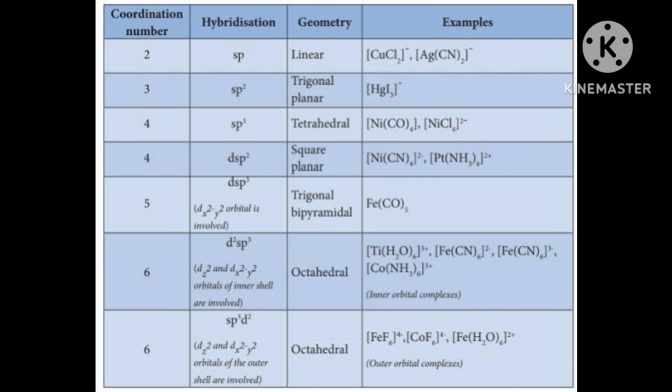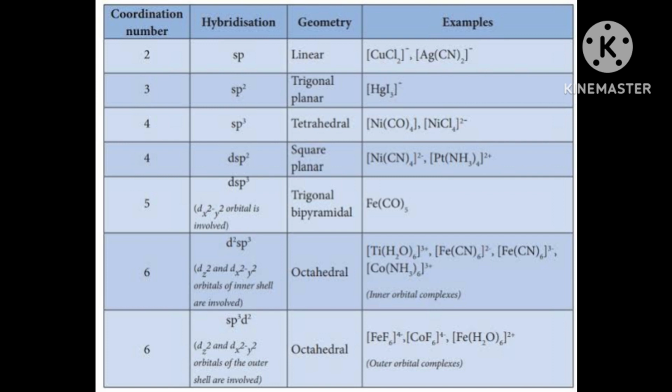Then you can write 3d, 4s, 4p, and for the last orbit I am writing only d. In d total there will be 6 electrons. Write the vacant ones also, whether used or not: 4s is vacant, 4p is also vacant.